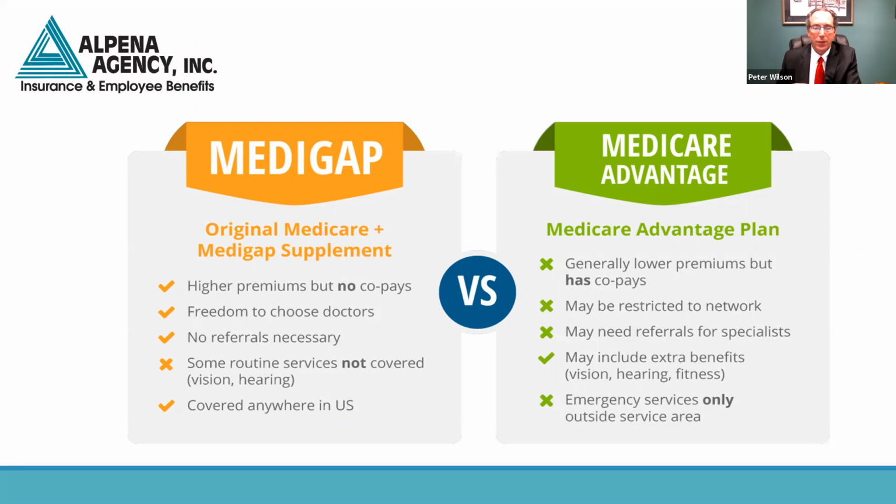With Medigap, you get coverage anywhere in the US, very limited overseas. That's similar to the Medicare Advantage plan as well. The last thing, which is not on this slide: Medicare Advantage plans often include Part D. In fact, almost all of them include Part D. With Medigap, you're going to have to pay for Part D coverage.